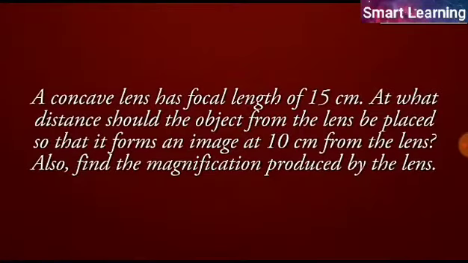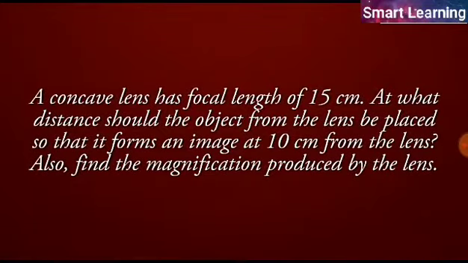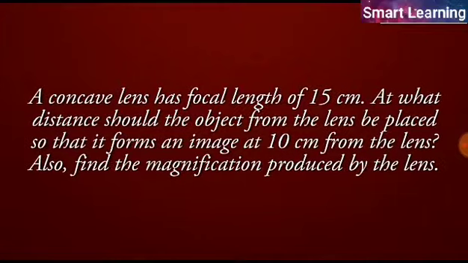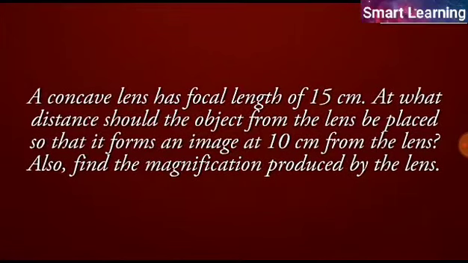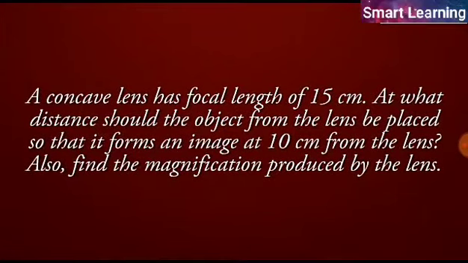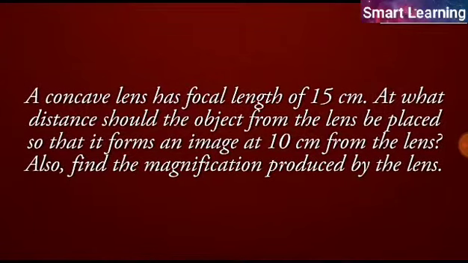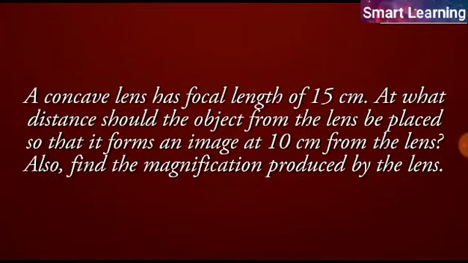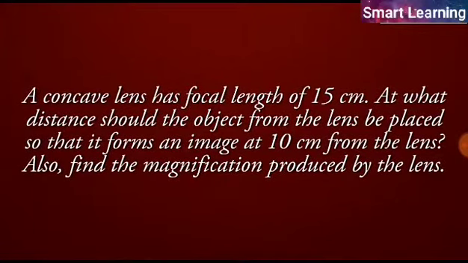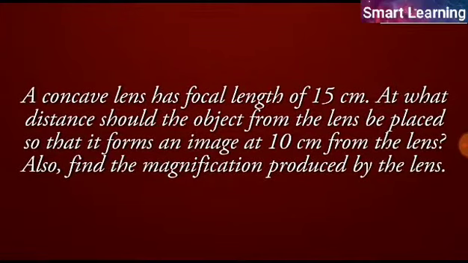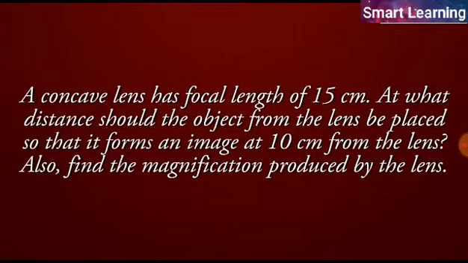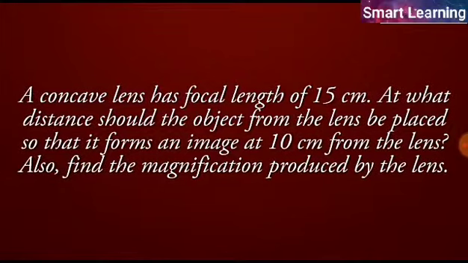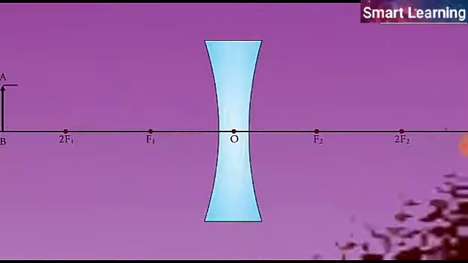A concave lens has a focal length of 15 centimeters. At what distance should the object from the lens be placed so that it forms an image at 10 centimeters from the lens? Also, find the magnification produced by the lens. Let us try to solve this.